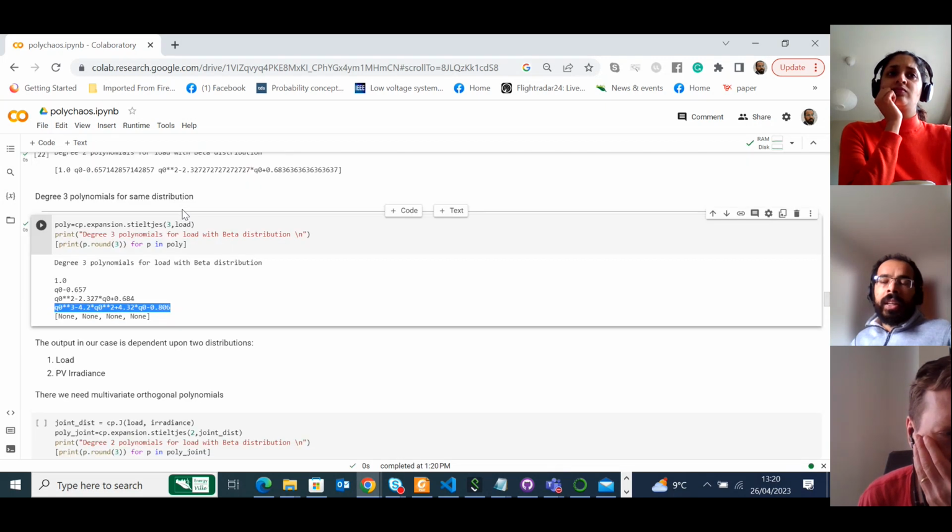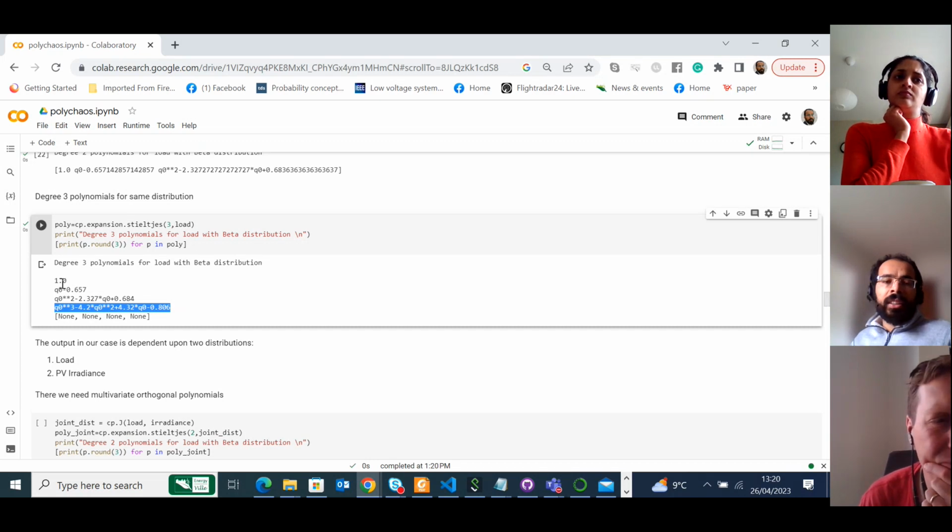But if you are trying to do a problem with many variables and you take univariate polynomials, then your problem multiplies 3 times, right? You have to carry 3 polynomials each for all the individual variables. Then you have to do a tensor product or something like that.